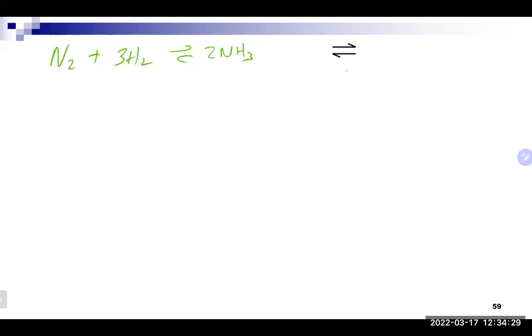This will give us a Kp value of the partial pressure squared of NH3 divided by the partial pressure of N2 times the partial pressure cubed of H2. And that would equal our Kp value that was given to us, which looks like it is, I'll just put it down here, 4.31 times 10 to the minus 4 in this particular case.